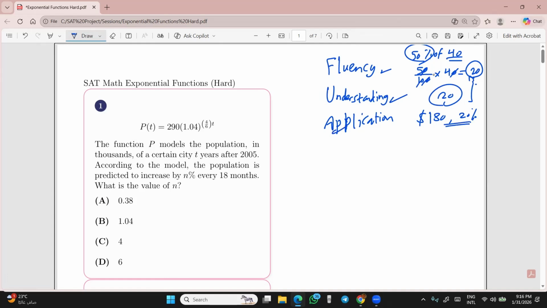That's the application. And then the fourth level is called reasoning. Reasoning is maybe a higher level, the highest level. Reasoning is when I ask you, for example, is a 10% discount followed by another 10% discount the same as a 20% discount at once?